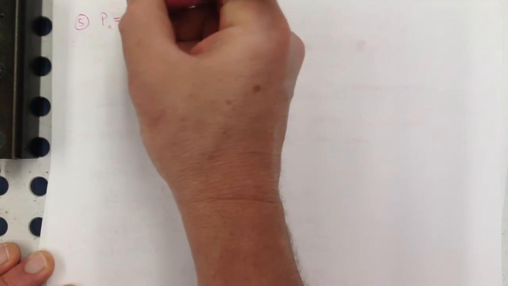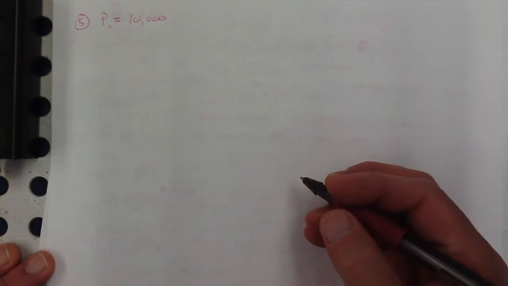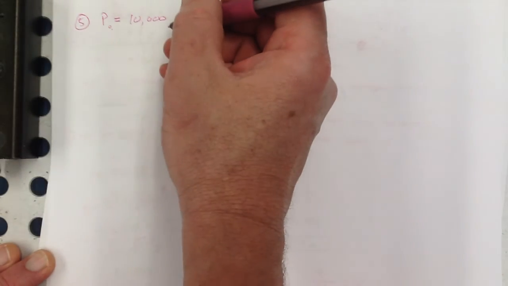And at time 0, there's 10,000 of them. It grows exponentially at a rate of 2% per hour, and y equals y of t is the number of bacteria present t hours later. Find an initial value problem whose solution is y of t.